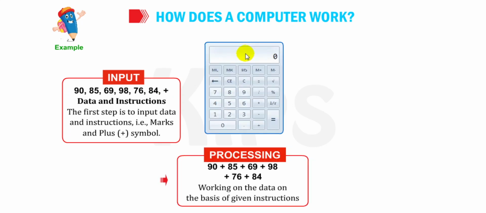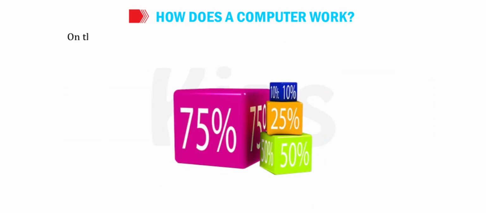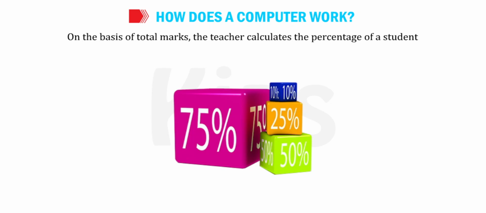Now, the computer is working on the data on the basis of given instructions: 90 plus 85 plus 69 plus 98 plus 76 plus 84. In the end, the computer gives meaningful information and result which will be 502. On the basis of total marks, the teacher calculates the percentage of a student and finds his or her position in the class.